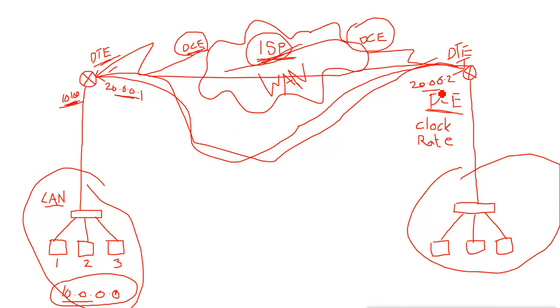Wherever the DCE side is, we have to take care of the clock rate. To check that, we can run the command show controller serial, and then mention the serial interface name and number.